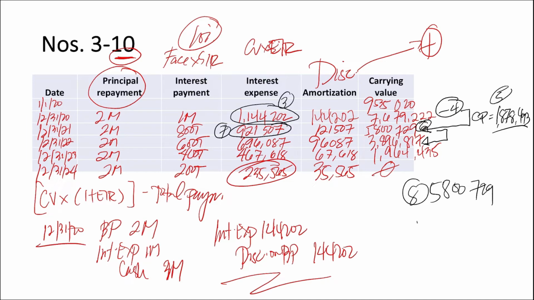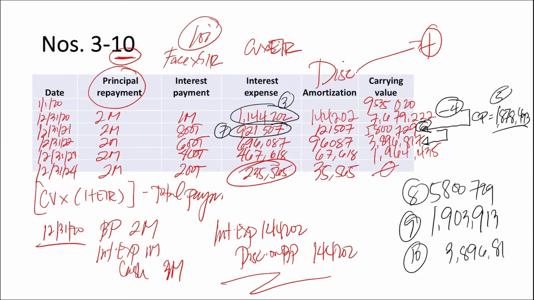So, magkano ang current portion ng number 9? 1,903,903. Then, number 10, non-current portion, 3,896,817. Okay? Ganun lang guys yung current portion, yung CV ng current year, at yung CV ng subsequent year para makuha niyo yung current portion. Dali lang, di ba? Madali lang siya. Yes.